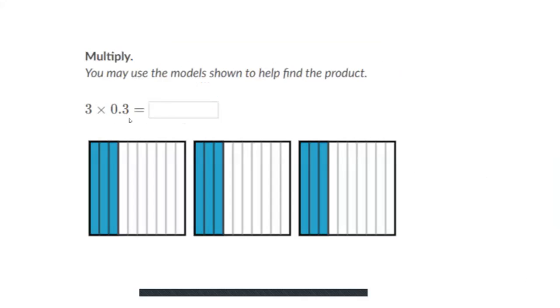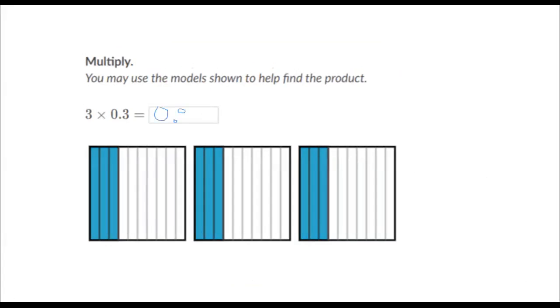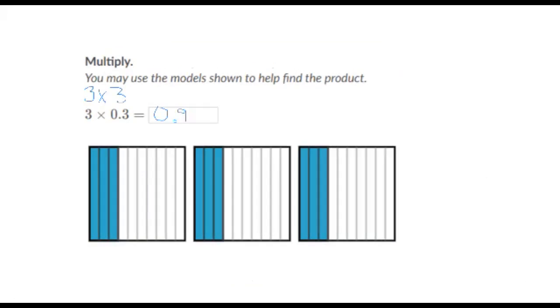Another one. 3 times 3/10 was 9/10. So something you may have noticed is, 3 times 3 is 9. And there's one decimal spot here.